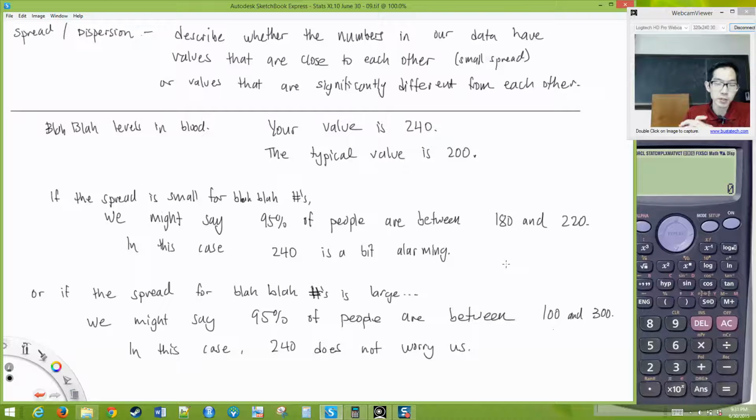So this gives us an idea of whether the numbers are close to each other, the values that we see in our data set are similar to one another, or if they're spread out. Okay? And so we have a few numbers that quantify this. Rather than saying this has small spread and this has big spread, we can actually give a number to this.